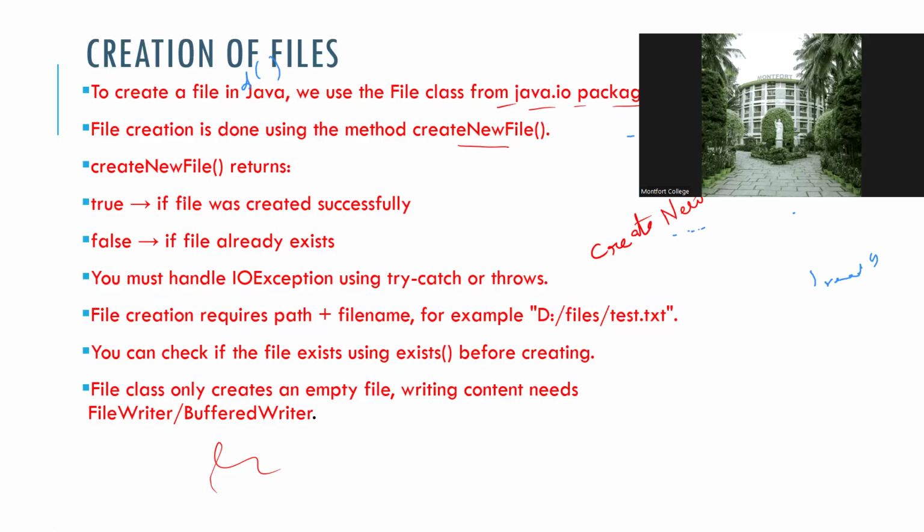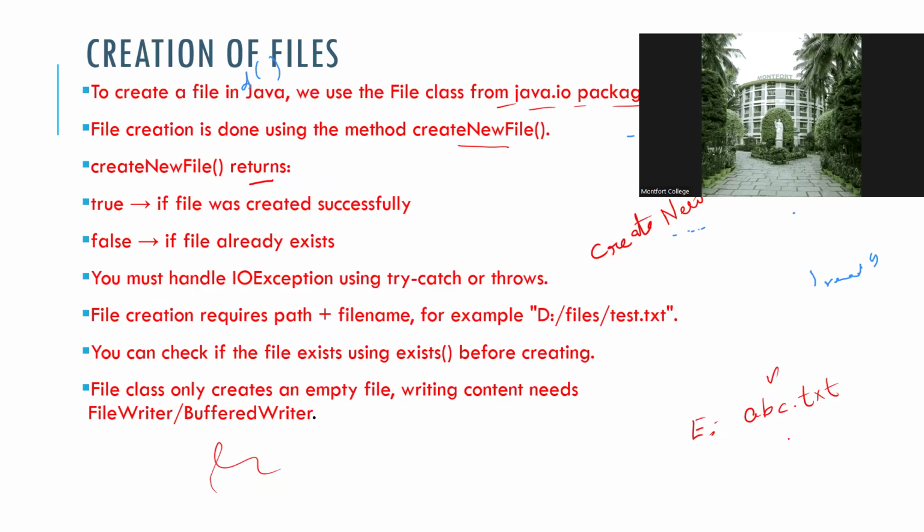Next, what does createNewFile return? If the file is created in the destination, for example, in my system I have E colon, and in E colon I am planning to create a file abc.txt. So in createNewFile I can give the file name abc.txt, and then that file will be created.